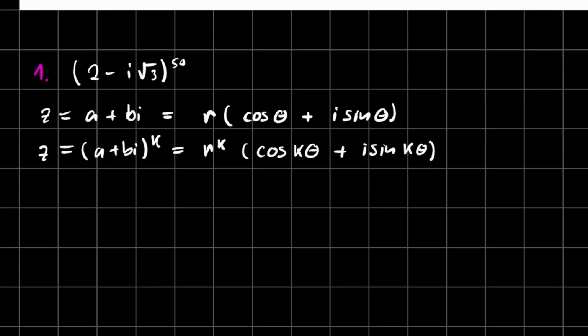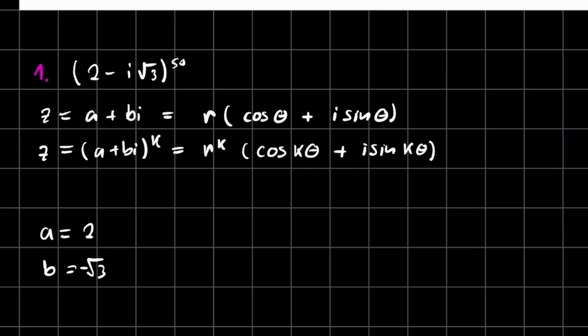So what we need to do is basically find the magnitude or radius of this complex number as well as its angle. So what we're going to do first is find r. We know that a is 2, which is the real part, and b is minus square root of 3.